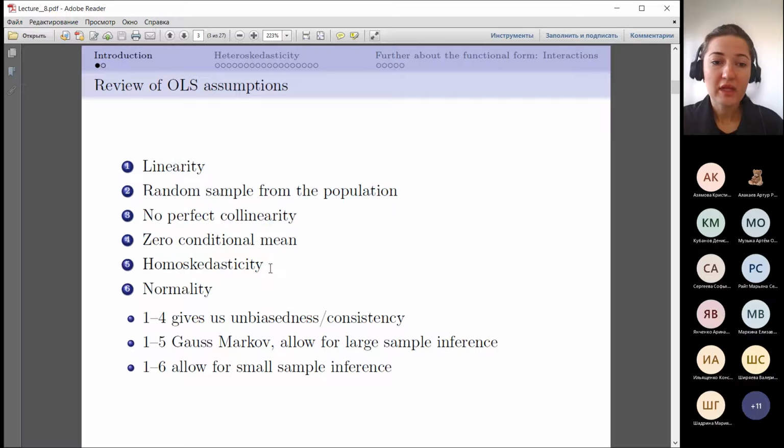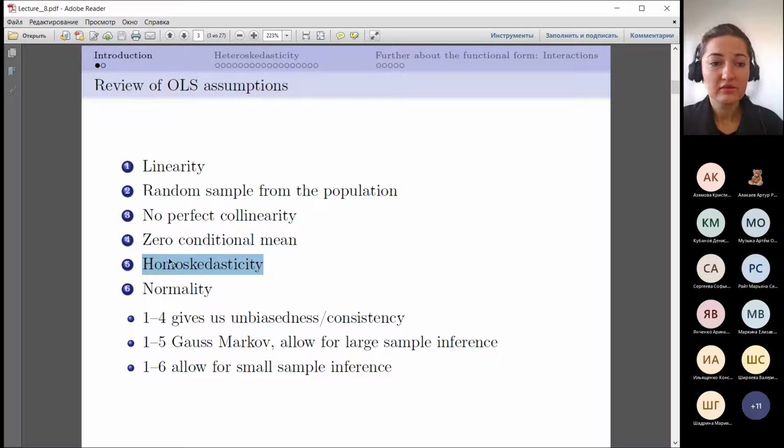But homoscedasticity is also a requirement if we talk about the Gauss-Markov theorem, because if you want to obtain best linear unbiased estimators, you need to hold all of these assumptions.